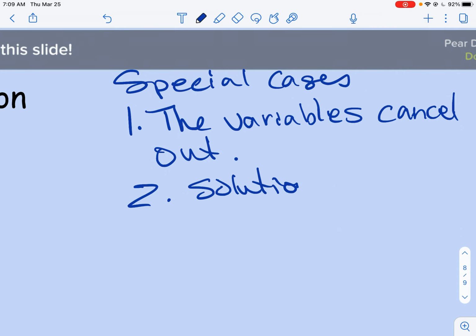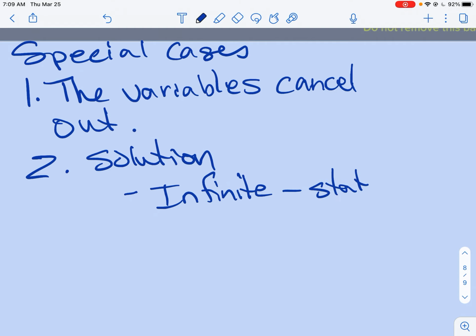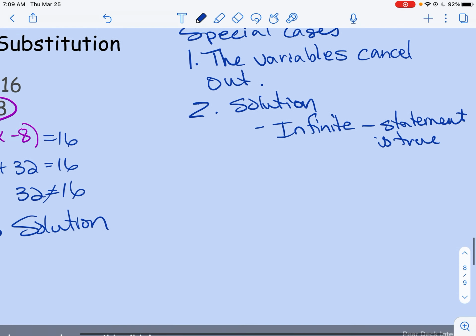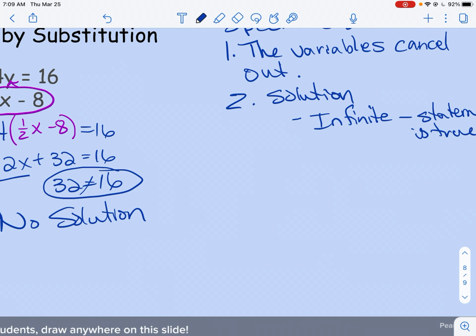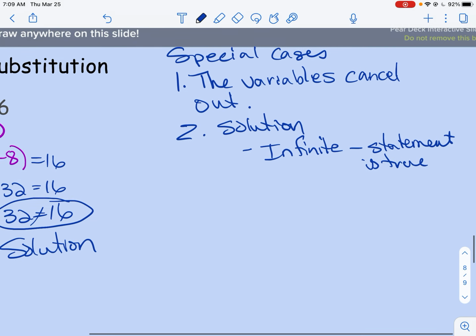The solution: if the statement is true, I want to write infinite. So what that's talking about is this right here. If this came out to be true, then it would be infinite, like this one right here. So that came out to be true.